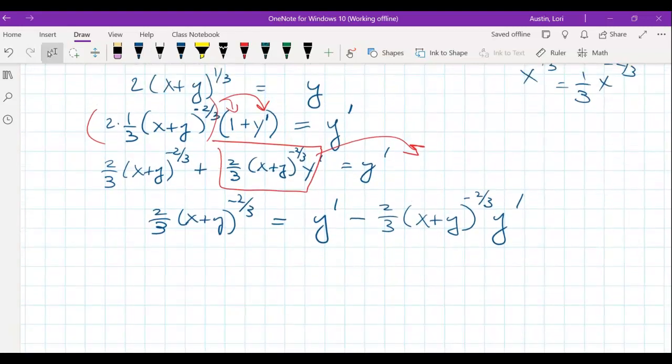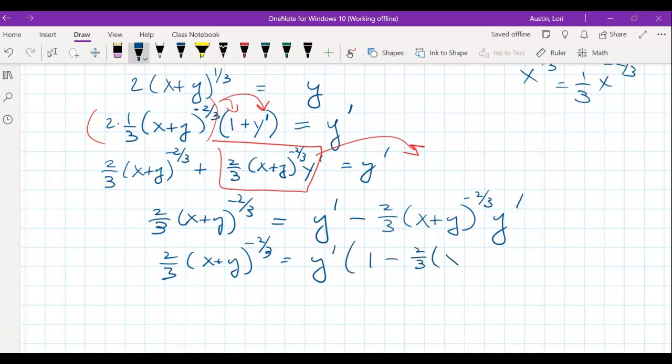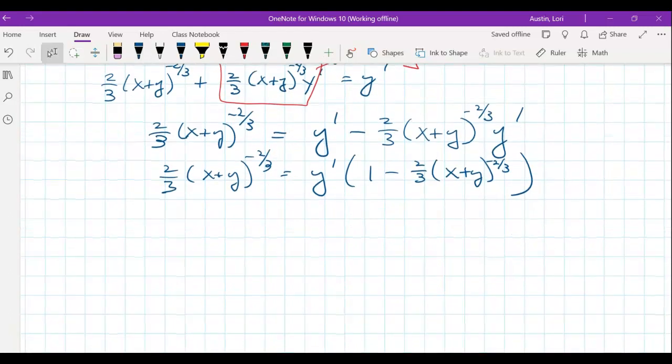I know you don't like the algebra, but this is what we've got to do. We have to use everything you've learned in every algebra course you ever took. Factor out your y prime. You're always going to be factoring out your y prime. And divide.